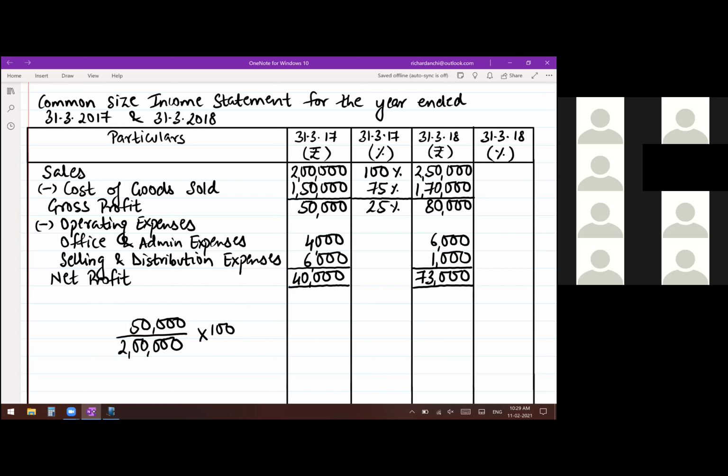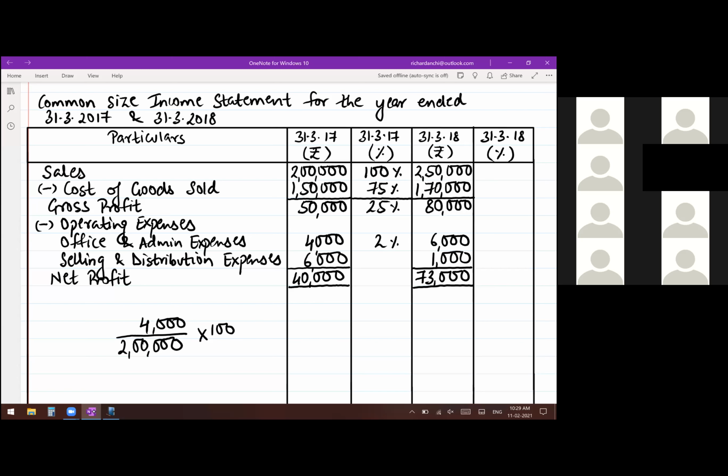Continue further. The next figure you see is office and admin expense, which is 4,000. So 4,000 divided by 2 lakhs into 100. What percent? 2%. That's right.